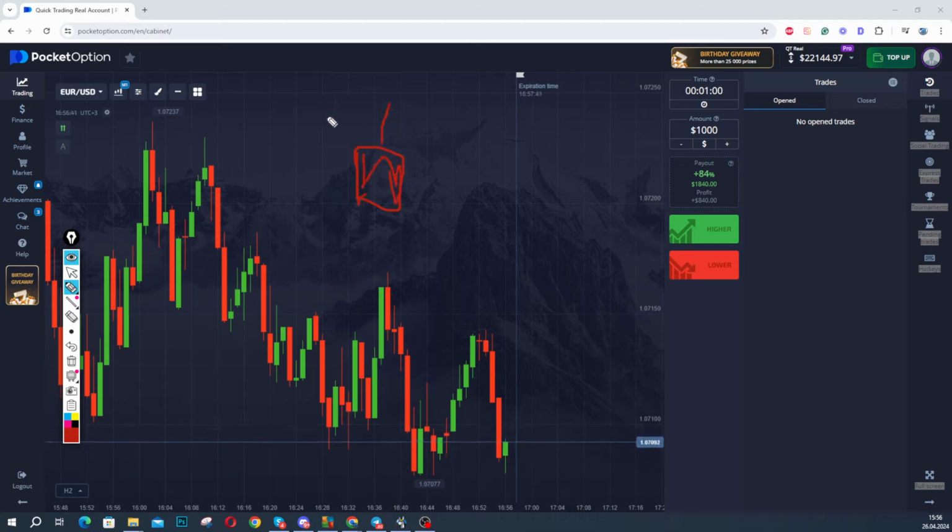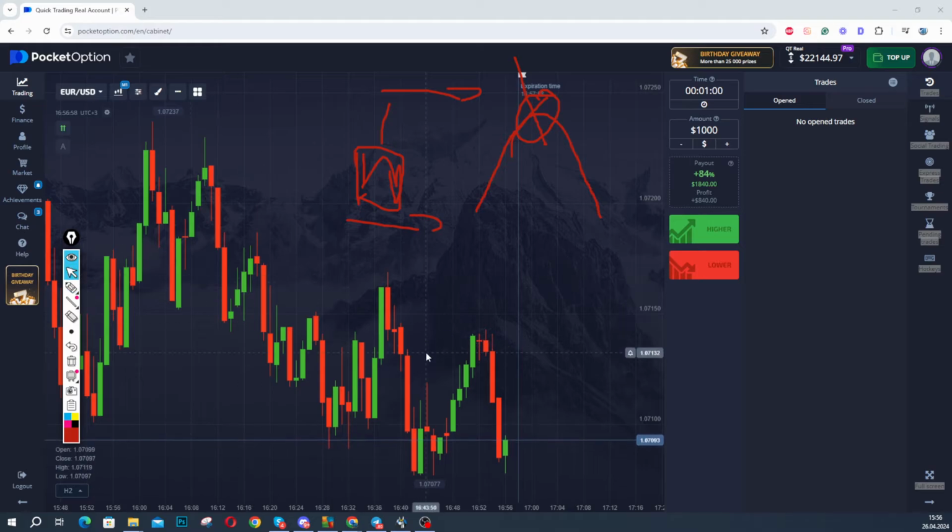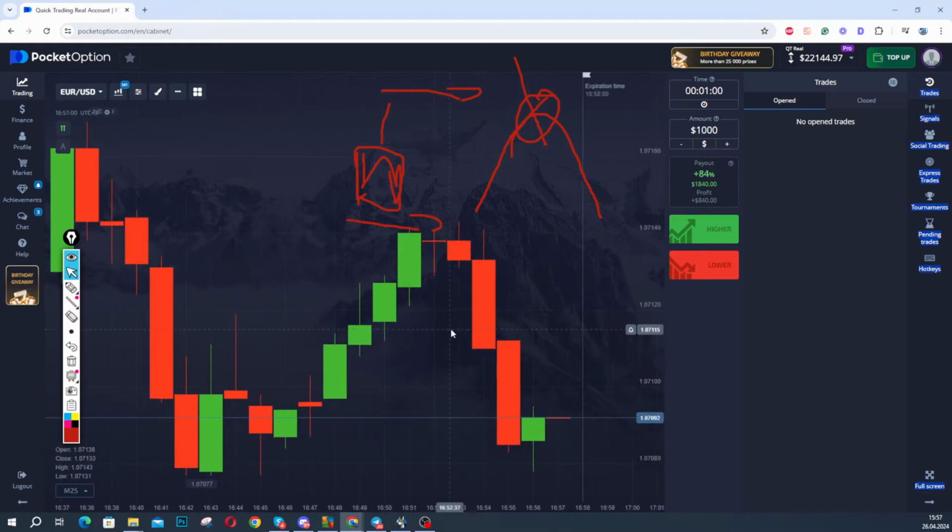What you see behind this wick is that the market is doing this movement in this candle, and this is a rejection point. Boom, turning point.